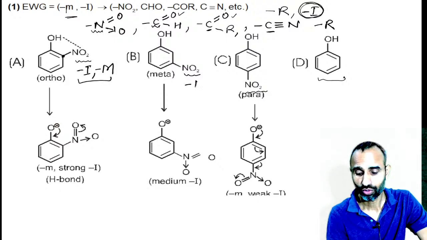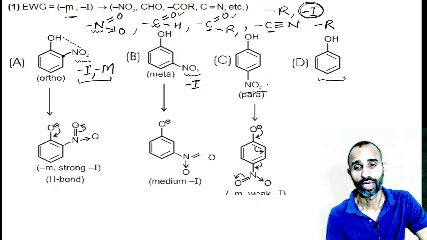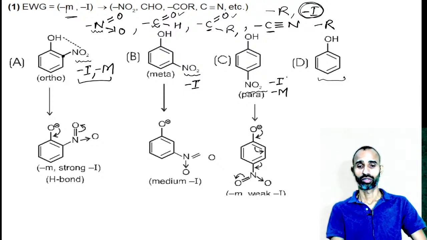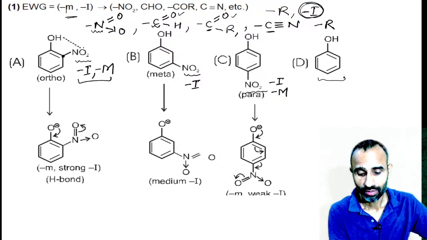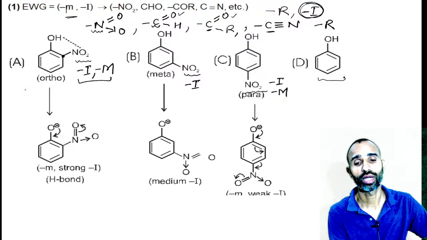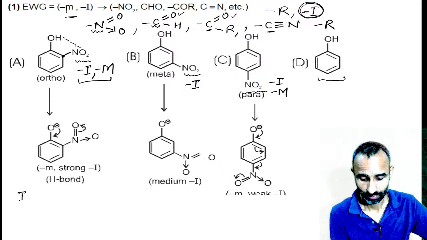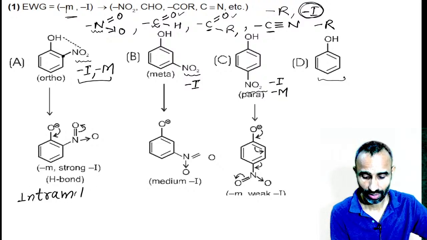In meta position, there is only minus I effect, and in para, there is minus I as well as minus M. In case of ortho, there is intramolecular hydrogen bonding.